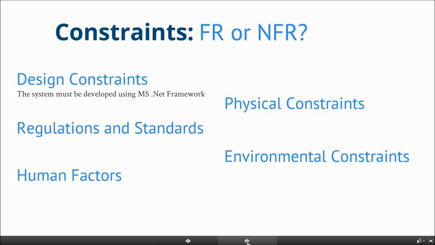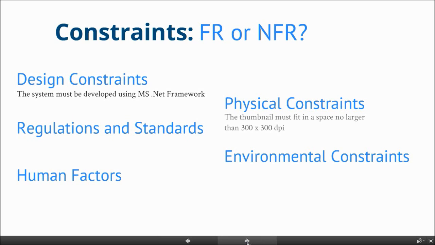If you are a high-level designer and you want the flexibility to do whatever you want, you're going to want to be designing in Java. However, if you are that Java person and you're told that the system is going to be built in .NET, you're going to feel a little bit constrained. So this can be a constraint. There are other design constraints as well, but this might be an example of one.